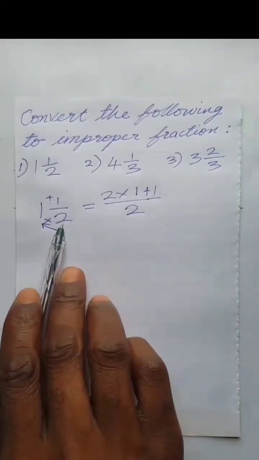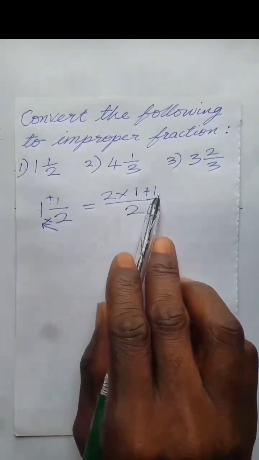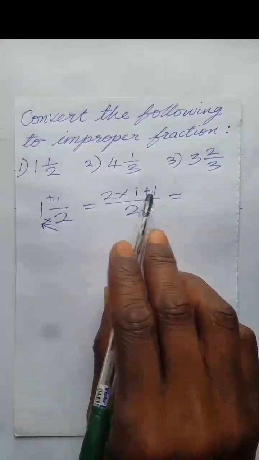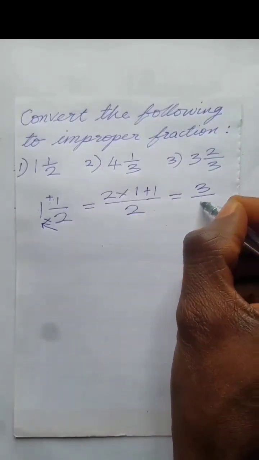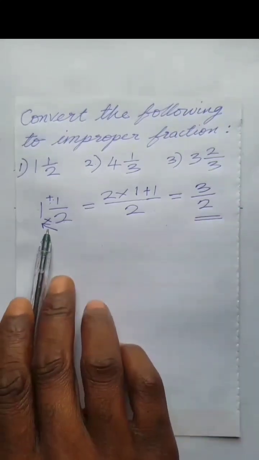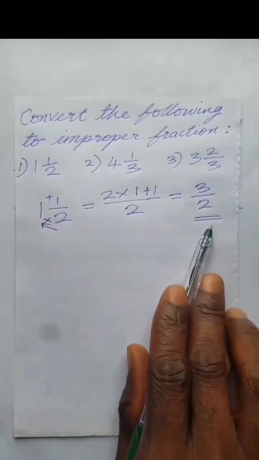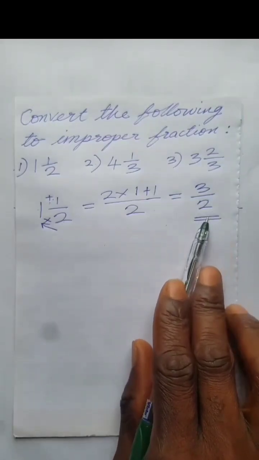Again, 2 times 1 plus 1. Let's solve that. 2 times 1 is 2, plus 1, 3. So we have 3 over 2. That is our answer. We've successfully converted this mixed number, 1 whole number 1 over 2, to an improper fraction, a single fraction, 3 over 2.